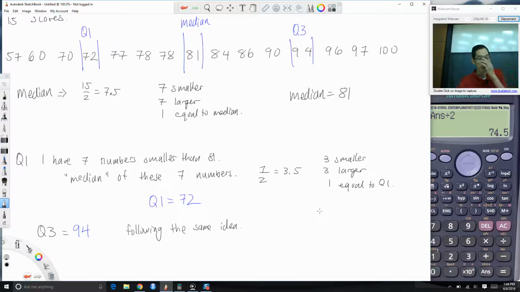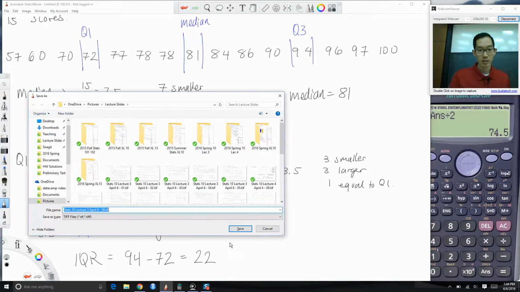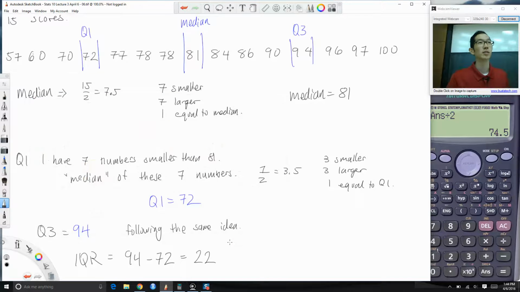Okay. All right, so what's our IQR in this case? 94 minus 72. What is that? 22? Can I do subtraction? Okay, so that's finding the median and the IQR and all of that stuff.